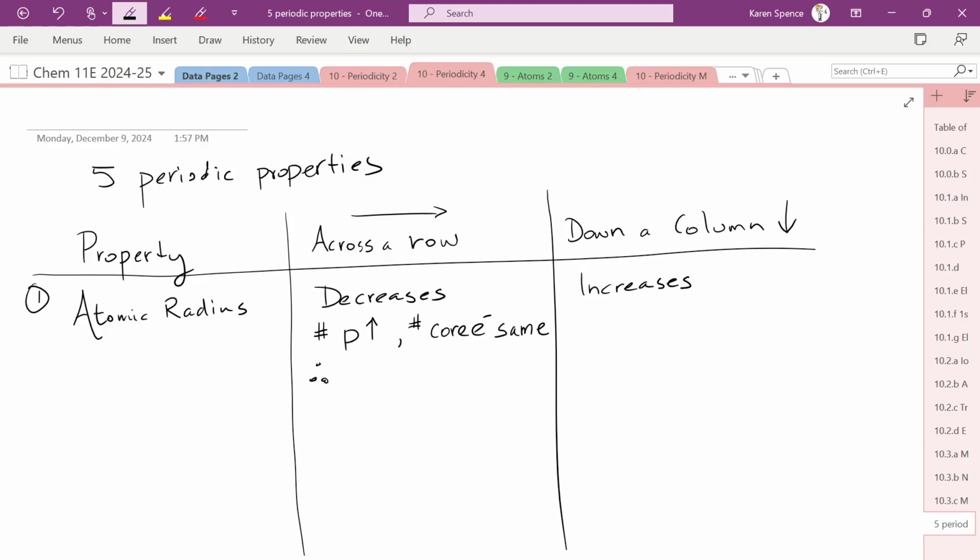Therefore, what does Zeff do? Zeff increases.